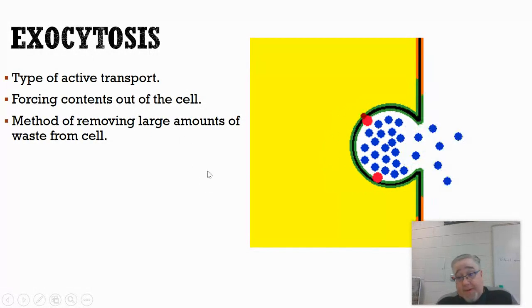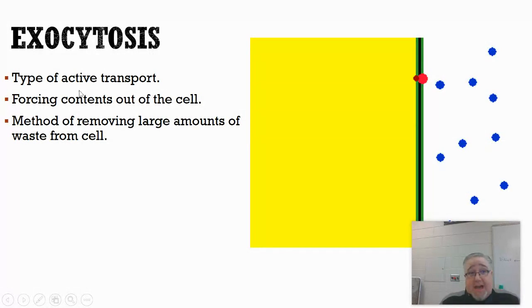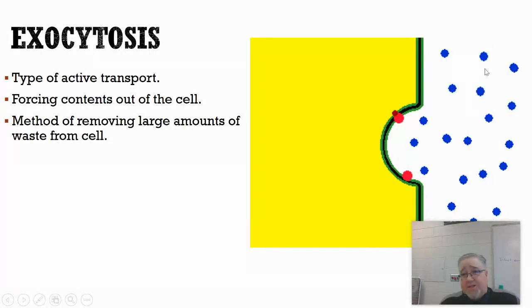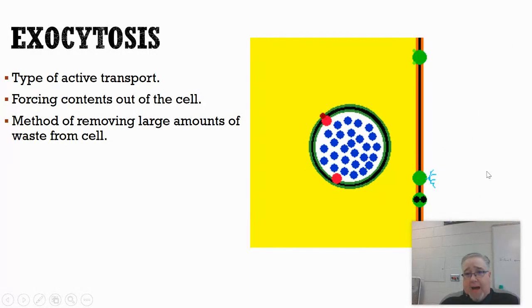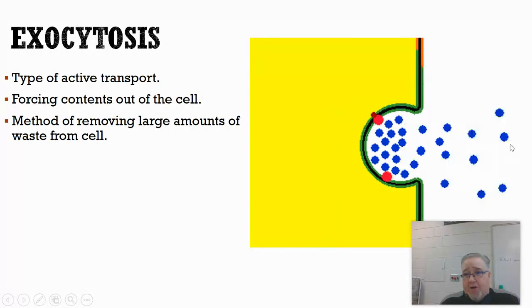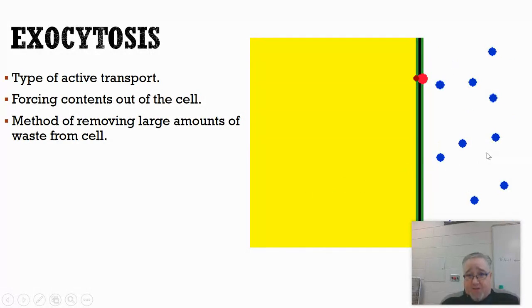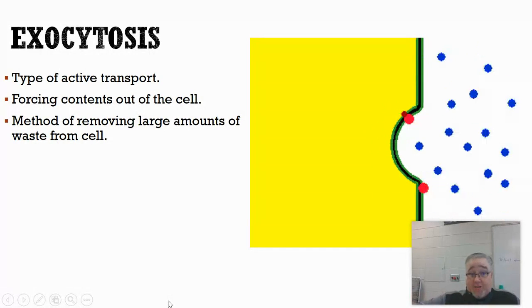Then we have the opposite. This is called exocytosis. Again, this is a type of active transport. You don't see it here in the video, but on the other side of the membrane there's a much higher concentration. So it's forcing things from a low to a high concentration, which again is going against the flow.